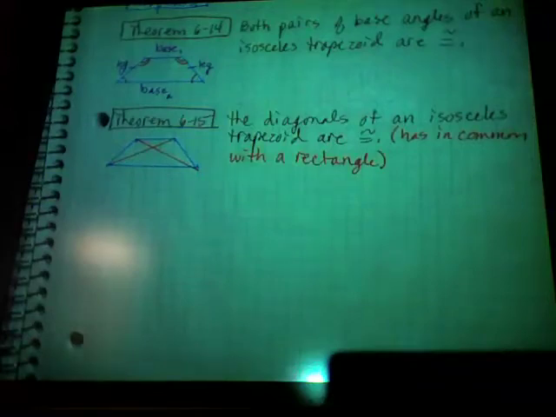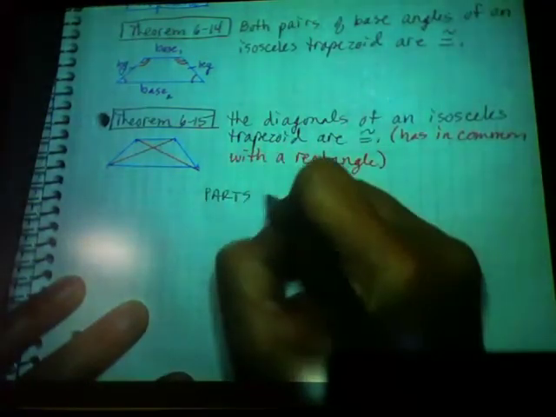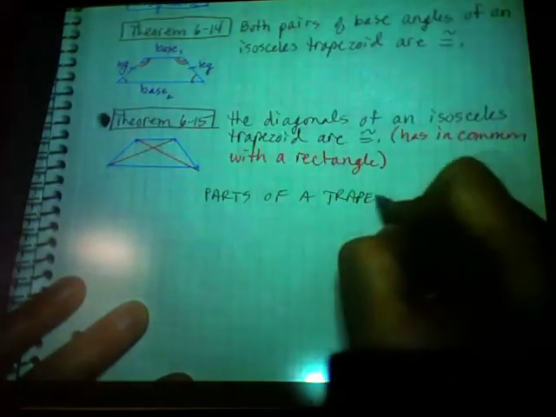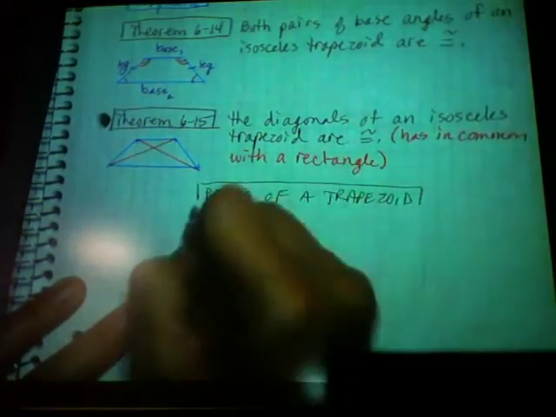Then the next thing we're going to look at are the parts of any trapezoid. This is not specific to the isosceles. This is to all trapezoids. So let's draw it this way.